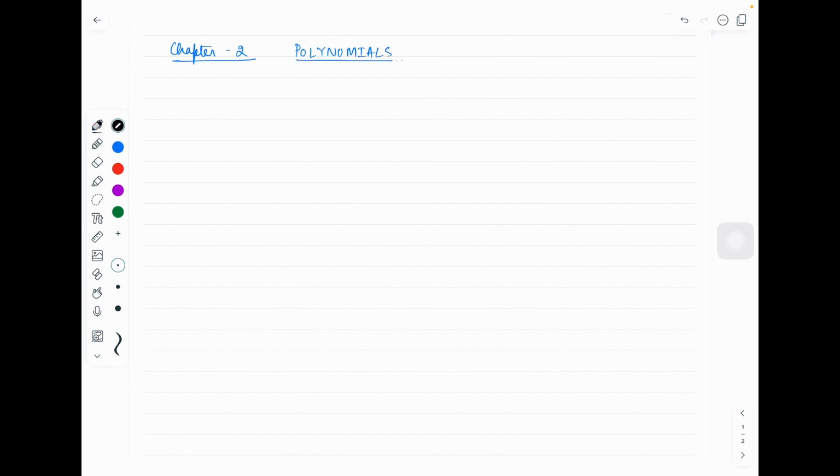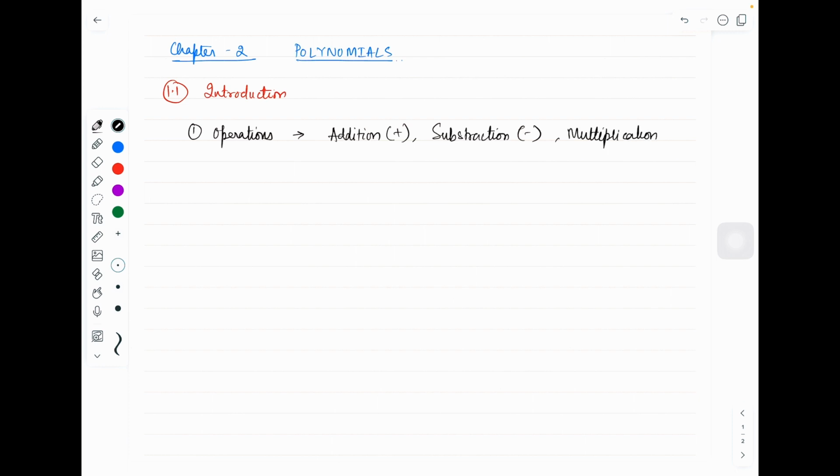Before we dive into polynomials, we want to look into two things first. One is operations. What are operations? Operations are addition, subtraction, multiplication, or division.